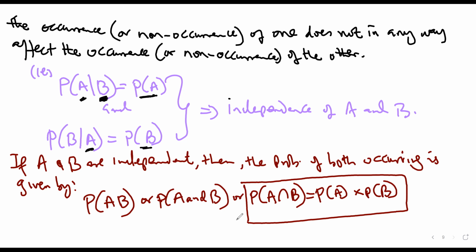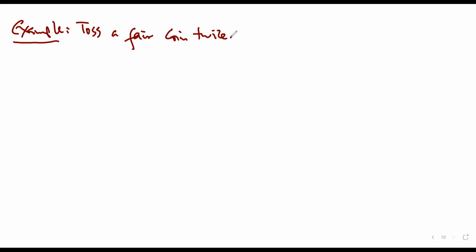Okay, I want us to have a small example to illustrate that. Example: let's consider the experiment of tossing a coin. Let's say you toss a fair coin twice. If you look at this experiment, it is reasonable to believe that the first toss does not in any way affect the second toss.